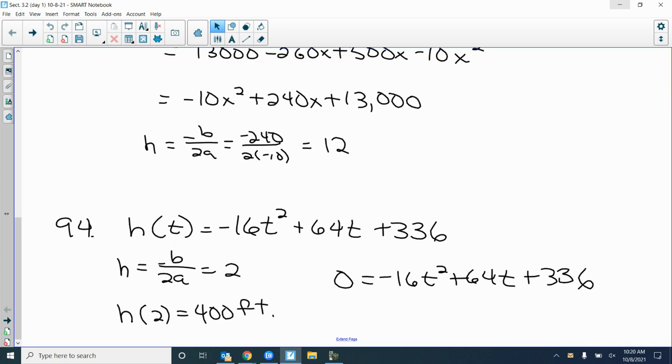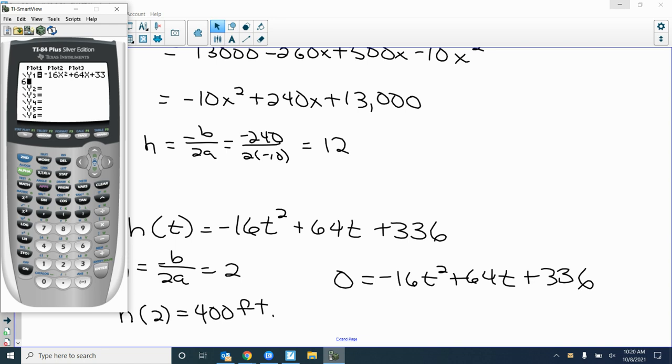You can graph that. For 94, you get negative 16x squared plus 64x plus 336. If you hit graph, it looks like that, which really means nothing to you. You could figure out the answer from here, but this is one of the reasons I always ask, what's the y-intercept?